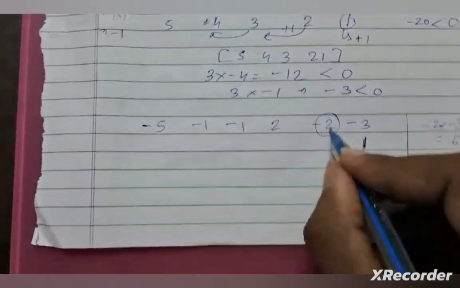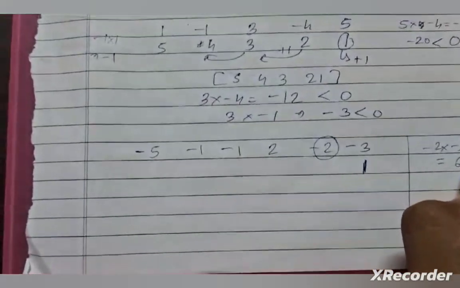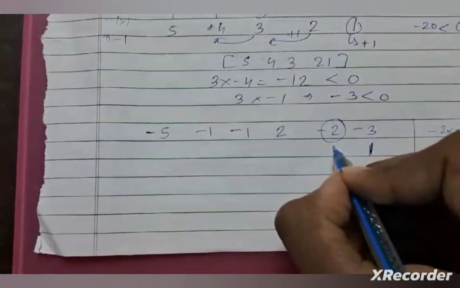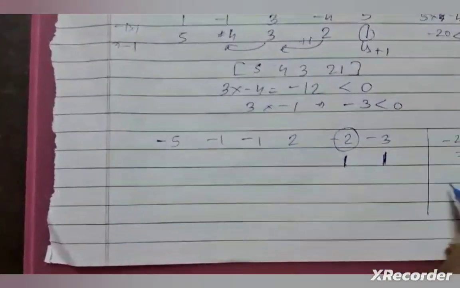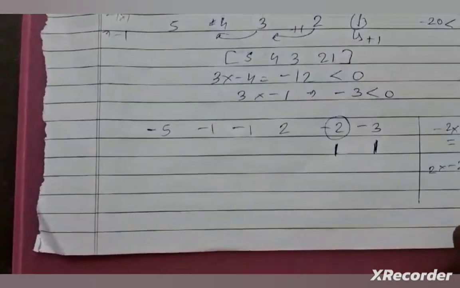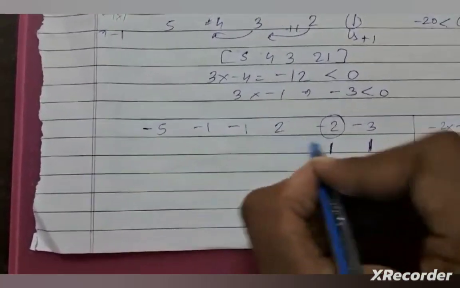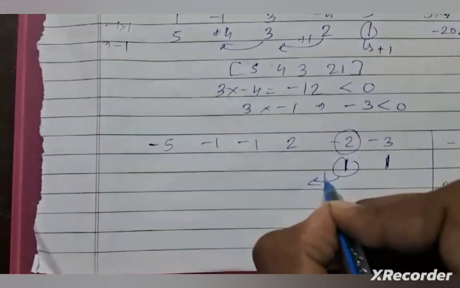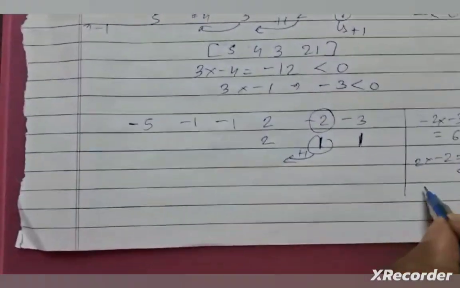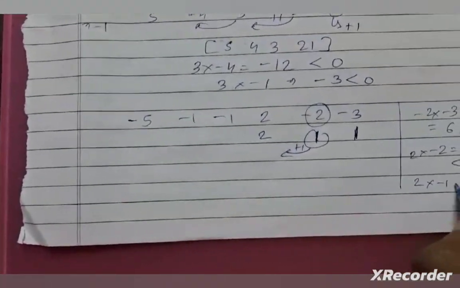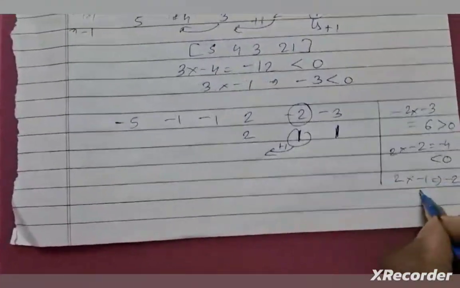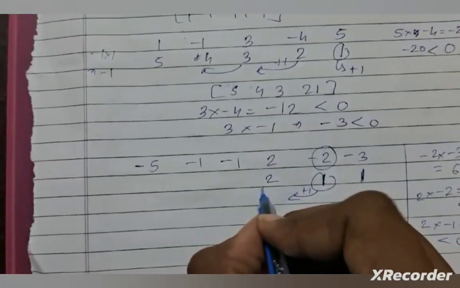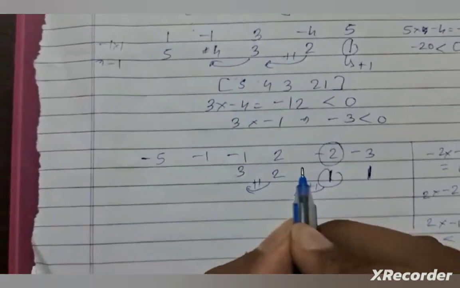So minus 2 multiply minus 3 equals 6, greater than 0, so its value will be 1 only. Then 2 into minus 2 equals minus 4, less than 0, so 1 plus 1 equals 2. Then 2 into minus 1 equals minus 2, less than 0, so again 2 plus 1 is 3.